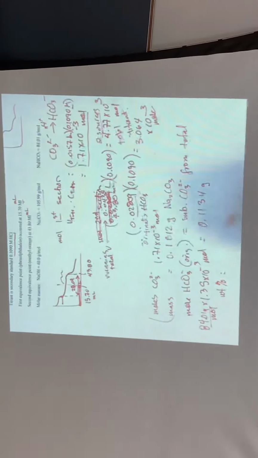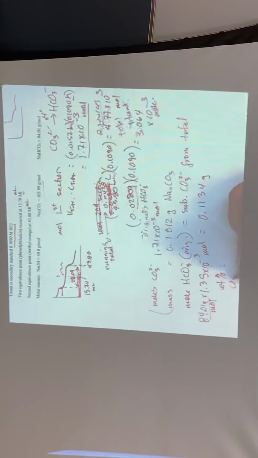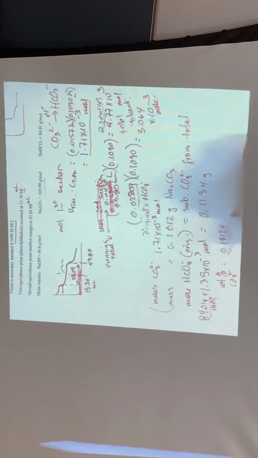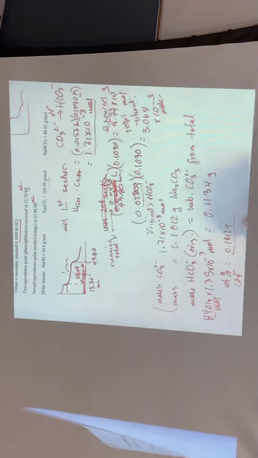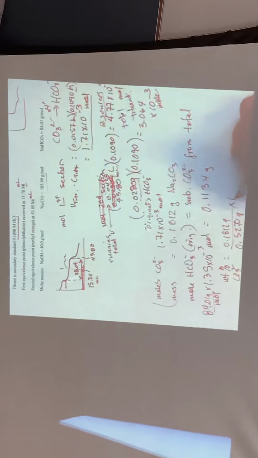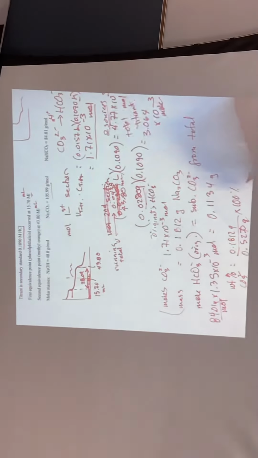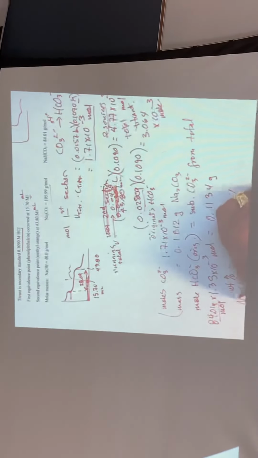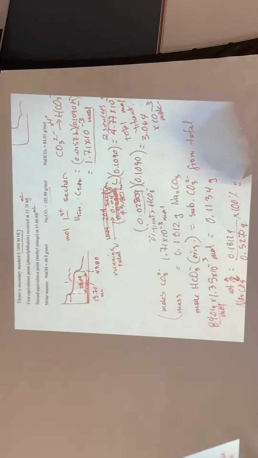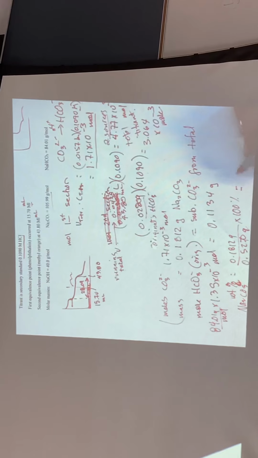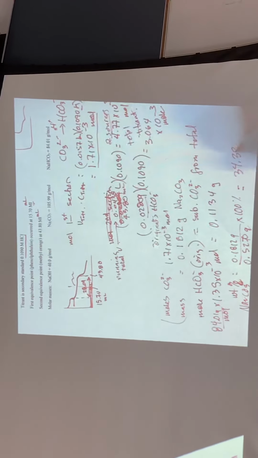There it is. So then the weight percent is going to be the mass of carbonate over the original sample mass, which is stated in the problem, 0.5270 grams times 100%. And I got, this is the sodium carbonate, Na2CO3, .39%.